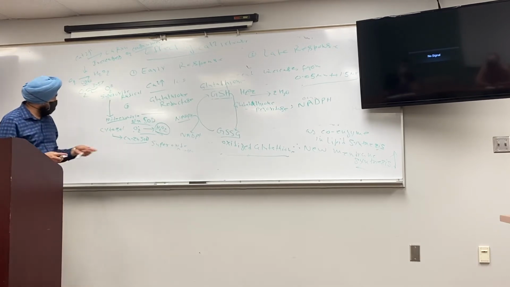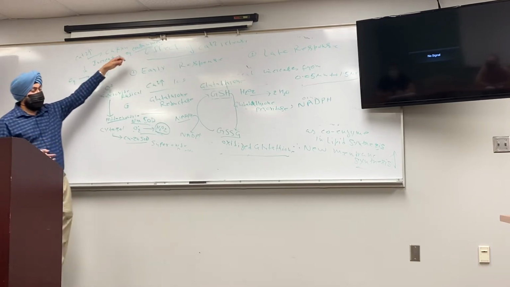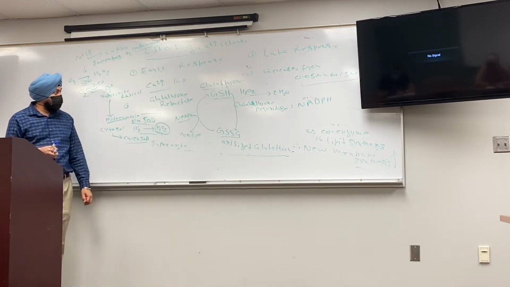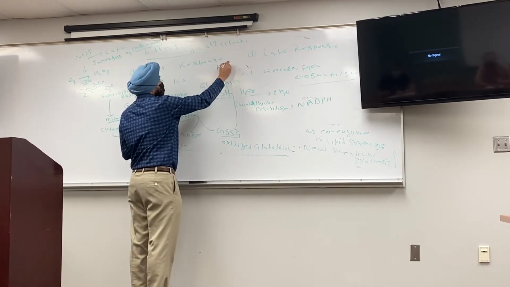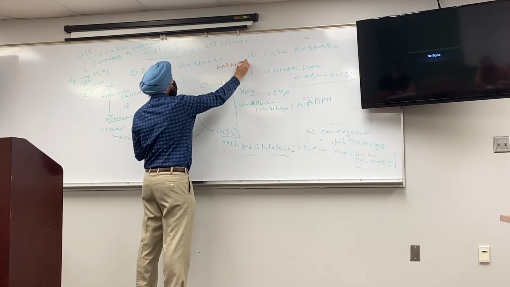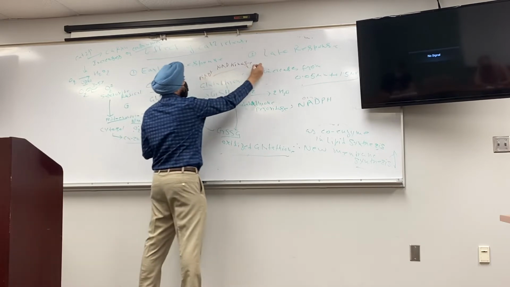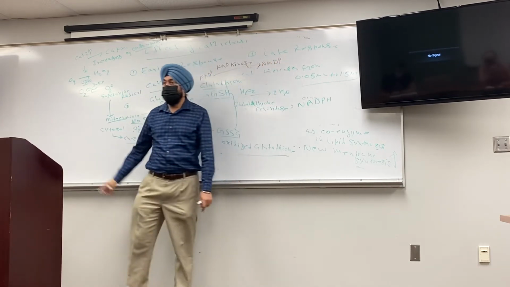Yeah, so what we are saying is that the first early response was cortical granule reaction, right? Second early response, we said the activation of NAD kinase. What NAD kinase was doing, it was changing NAD plus to NADP, right?